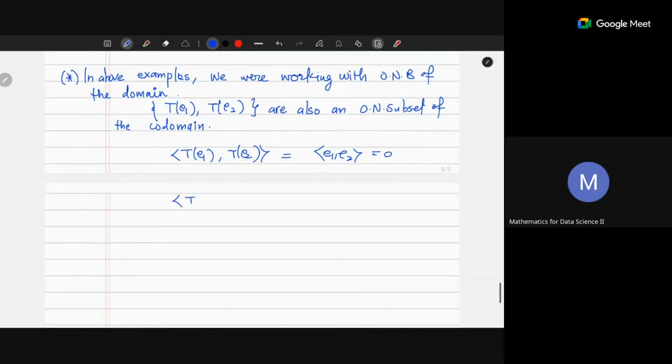Similarly, if you want to check the length of the image vectors, it is the same as the length of E1, which is 1, or even in case of E2 also. All right. So images of an orthonormal basis of the domain under an orthogonal transformation are going to be an orthonormal subset of the codomain.